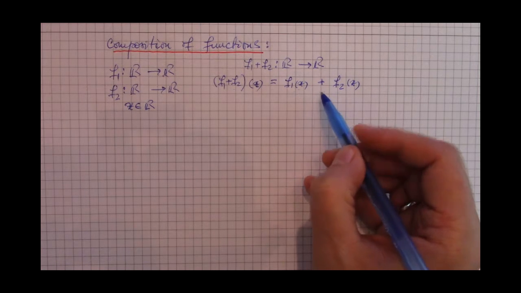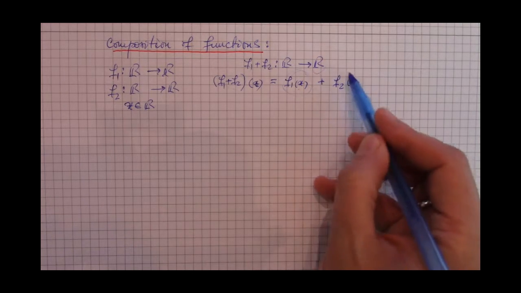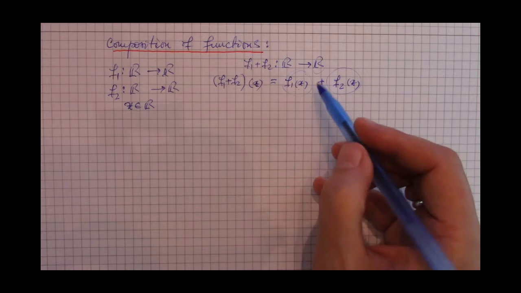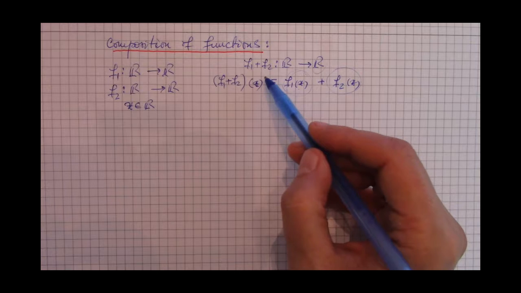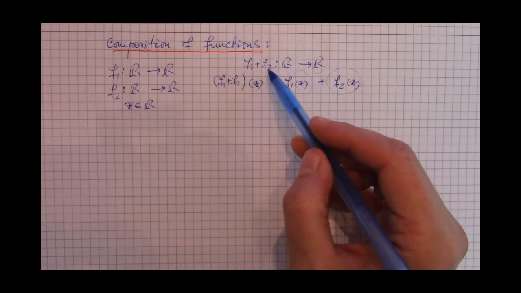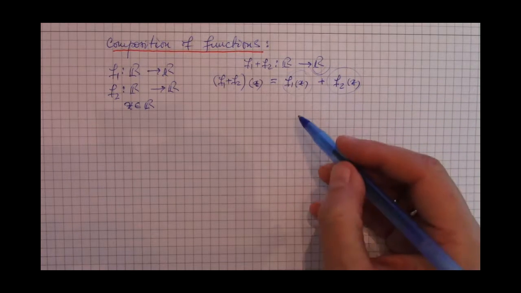We were just lucky that the set of real numbers has an addition on it. So we were able to add these two functions. While we did get something new, we didn't get it because of something special happening in between f1 and f2. We only got it because of the properties of the real numbers.